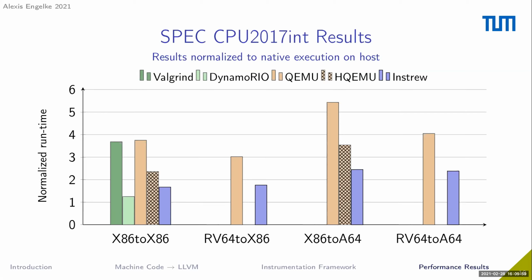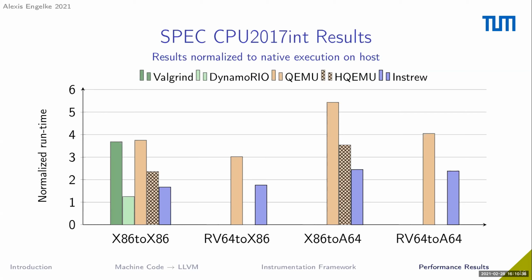HQEMU, a QEMU variant which uses LLVM for post-processing traces, is slightly faster than QEMU, but our approach, which avoids TCG as an intermediate code step and goes directly from machine code to LLVM, is in all cases better than HQEMU. For example, for x86 to x86, the overhead is exactly half that of HQEMU.